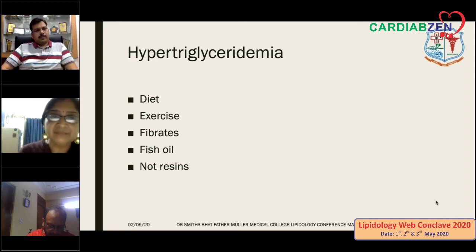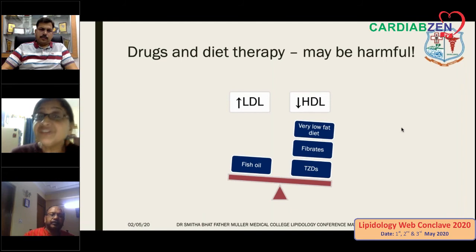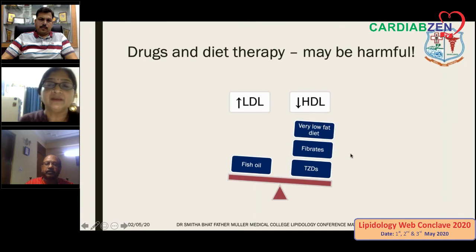Now, keeping all this in mind, I would like to tell you that remember that the drugs and diet therapy you prescribe itself might be a secondary cause of the impaired lipid profile that you're seeing. What do I mean? Suppose I have a patient with high LDL cholesterol and I prescribe a very low-fat diet.